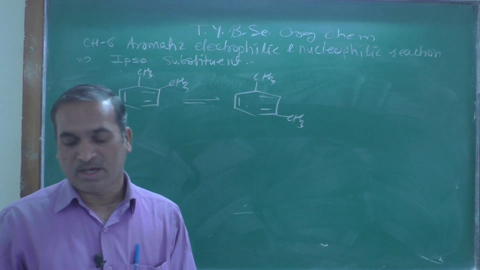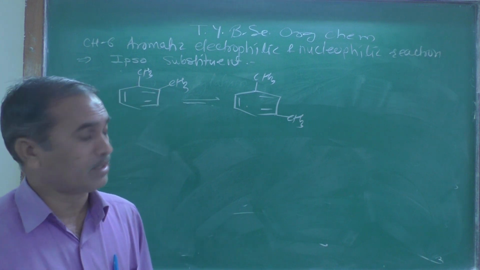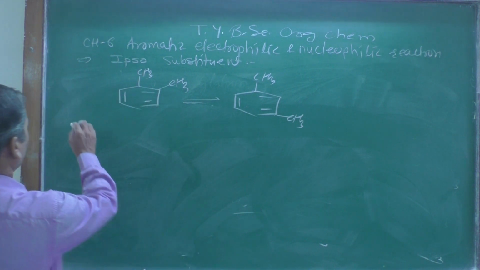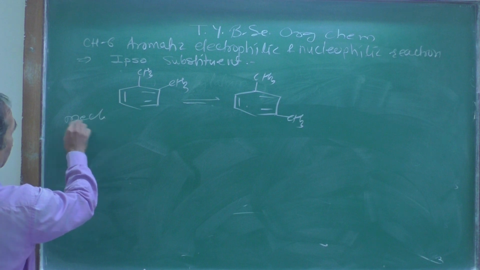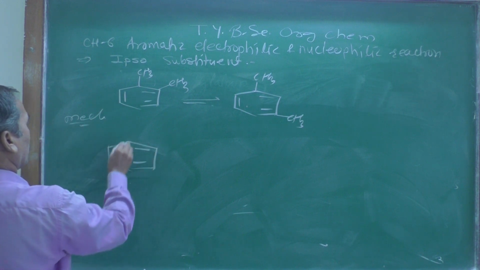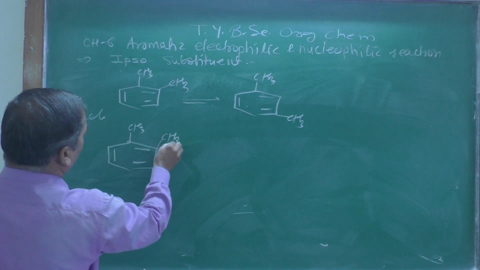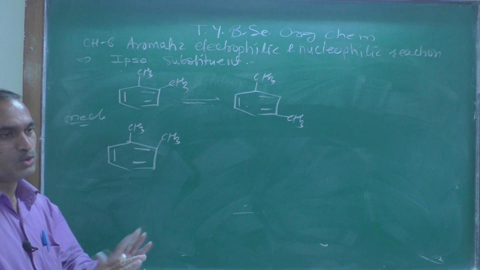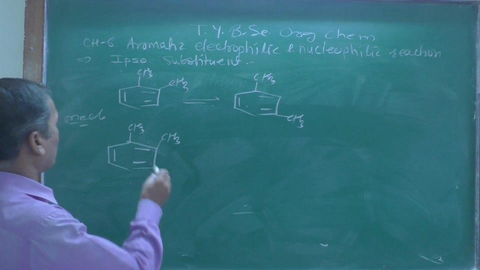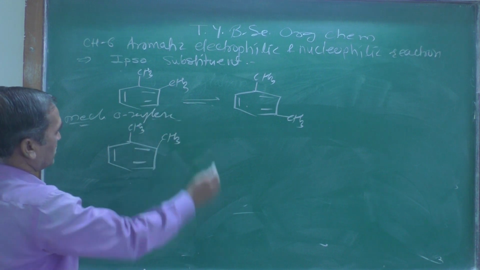If rearrangement reactions take place, then we will get this. Now we have this ortho-xylene with CH3 and this CH3, both methyl groups present ortho to each other. That type of compound is called ortho-xylene, the common name of this compound.